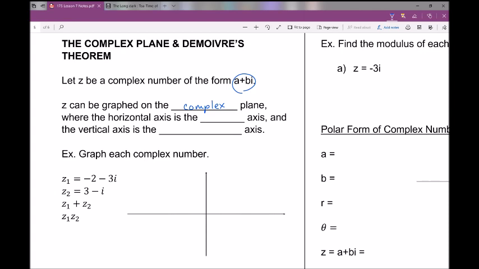The horizontal axis is the real axis, and the vertical axis is the imaginary axis. So any number a plus bi will correspond to a point (a, b) in the xy plane. You graph these just like you graph ordered pairs.